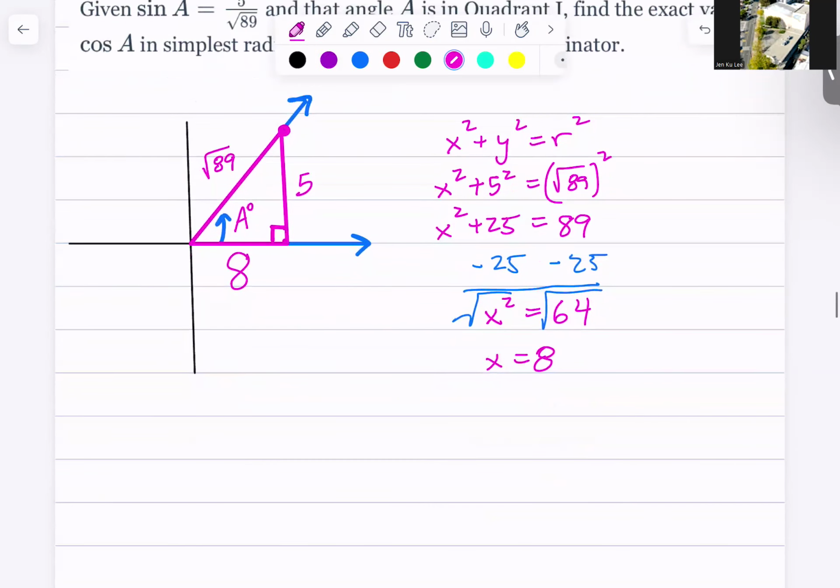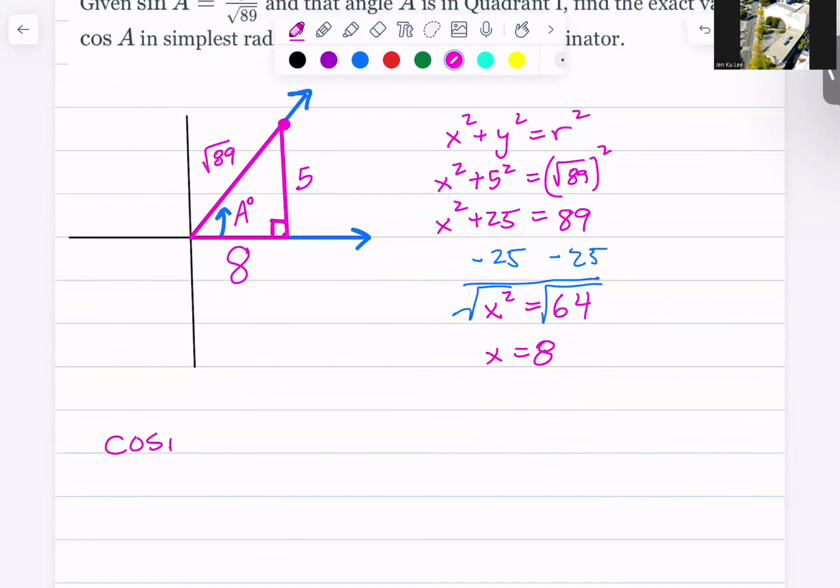So my cosine value, cosine of A, is equal to, I don't know if A is in degrees or radians, I'm going to put A, 8 over square root of 89. Can we simplify 89? Or is that 89 a prime number?